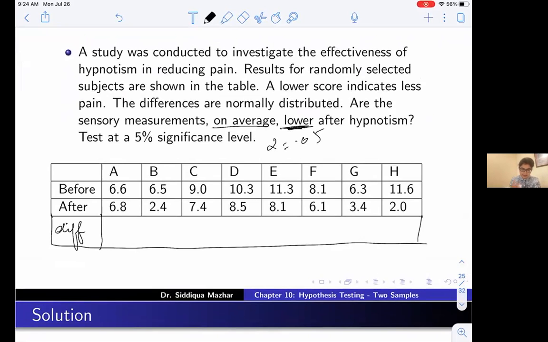So 6.8 minus 6.6, which is 0.2 in the first one. The next one is minus 4.1, the difference, because 2.4 minus 6.5. And again, the third one is minus 1.6. The fourth one is minus 1.8. 8.1 minus 11.3, which is minus 3.2, the difference.